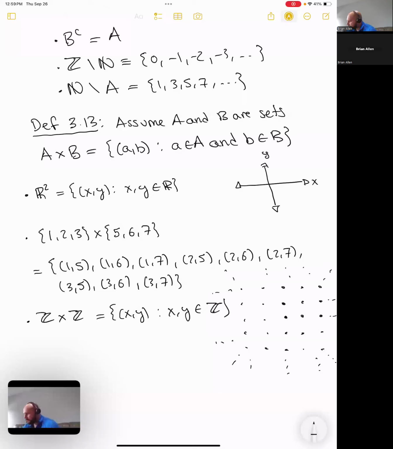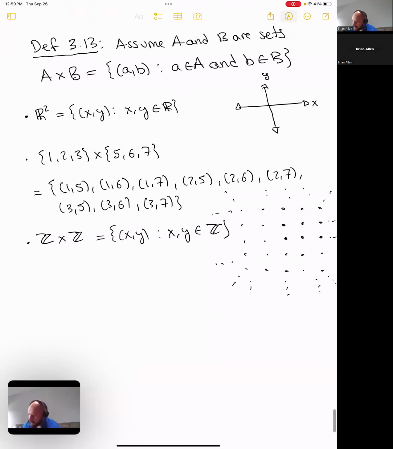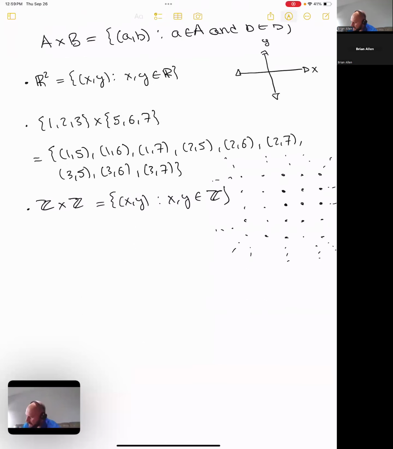It's just the set of all ordered pairs where the coordinates are always integers, right?